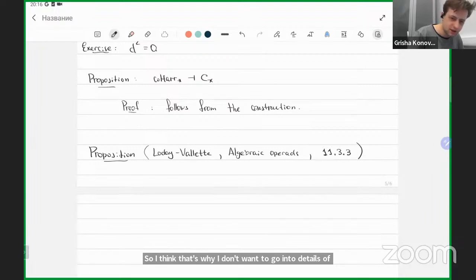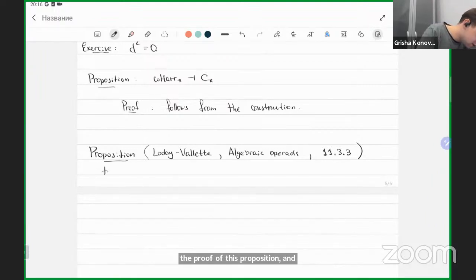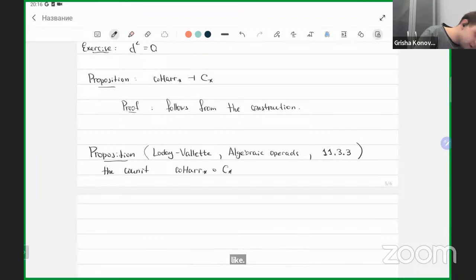The statement is that the counit of this adjunction is a quasi-isomorphism.